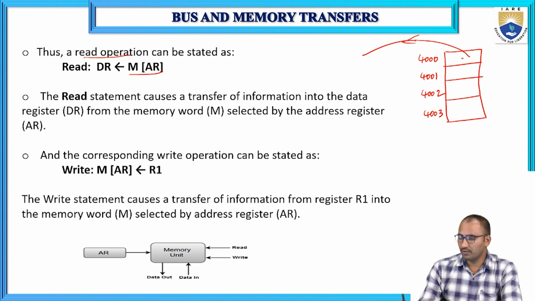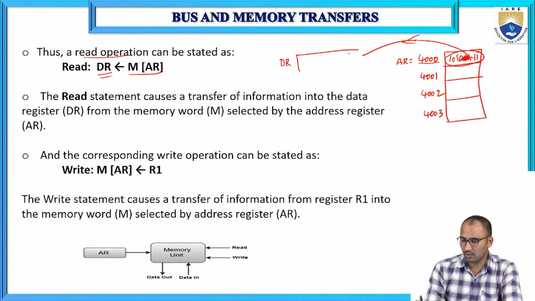Suppose we are reading this memory location. What is the address of that location? 4000. That will be stored in the address register. At that address, we have some data, and that data will be copied to the DR register, the data register.